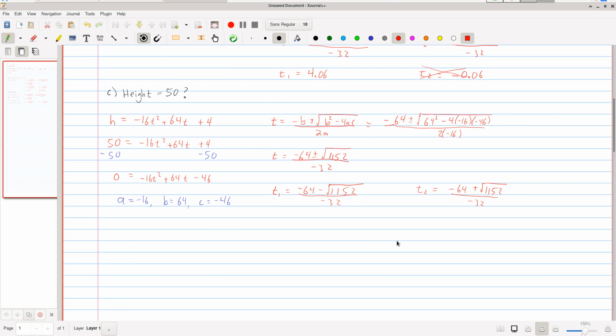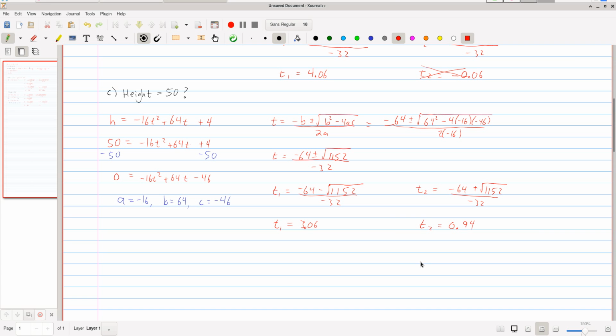So I'm going to evaluate each one of these on my calculator. Negative 64 minus the square root of 1152 divided by negative 32. And we get that our first time value is about 3.06. If we plug the other one in, we get that the second time value is about 0.94.